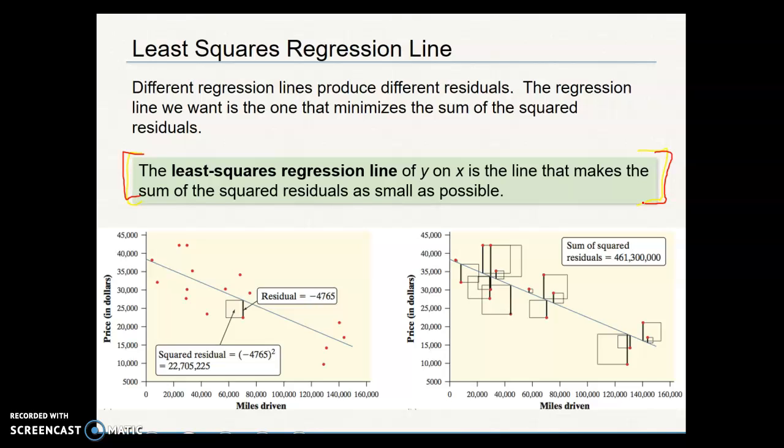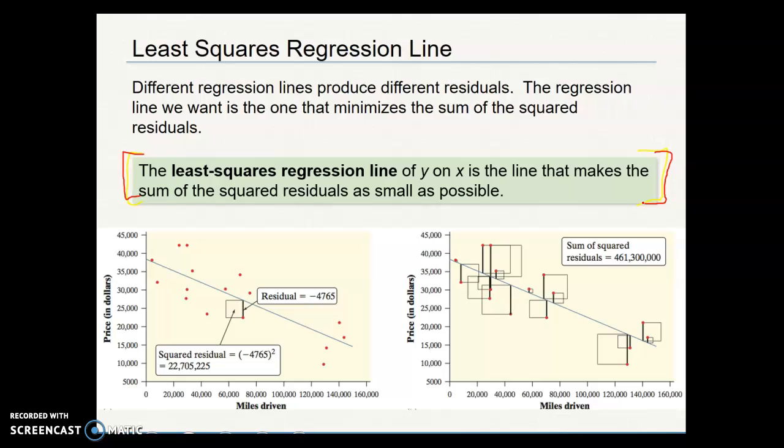So squaring that or doing any math with that wouldn't work. Same thing with our residuals. If we added up all of our residuals from every data point, it would equal 0. To combat that, we square each residual, and our goal is to get the smallest possible squared results, and that gives us our least squared regression line. Okay.